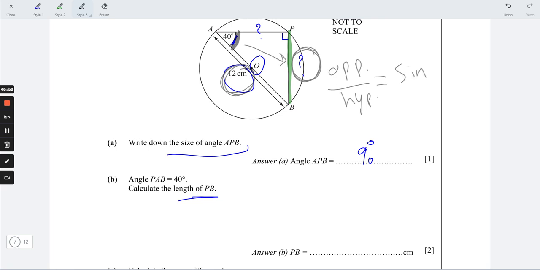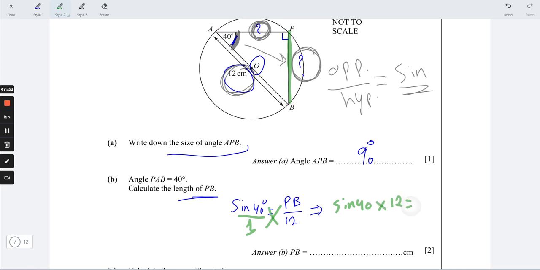So we will write the formula: sine 40 degrees equals the opposite, which is PB, we need to find it out, divided by 12 centimeters. For sure, sine 40 is over 1, so cross multiplication, sine 40 times 12 equals PB times 1, which is PB.